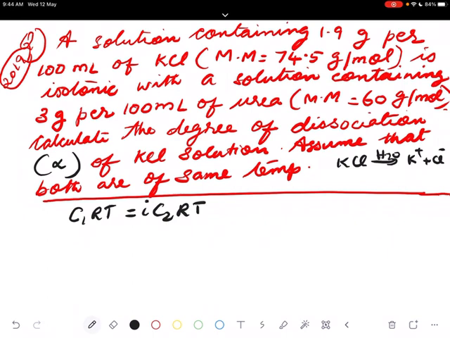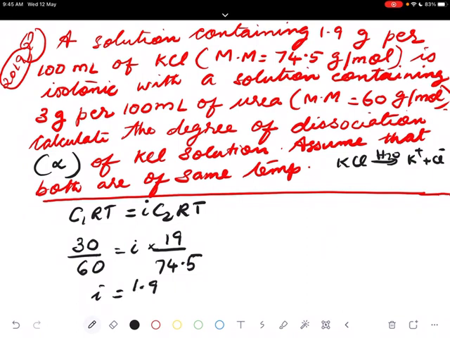So i is with what? KCl. i is with KCl. So 30 upon 60 is equal to i into 19 upon 74.5. Then i you can calculate as 1.96. Same thing.